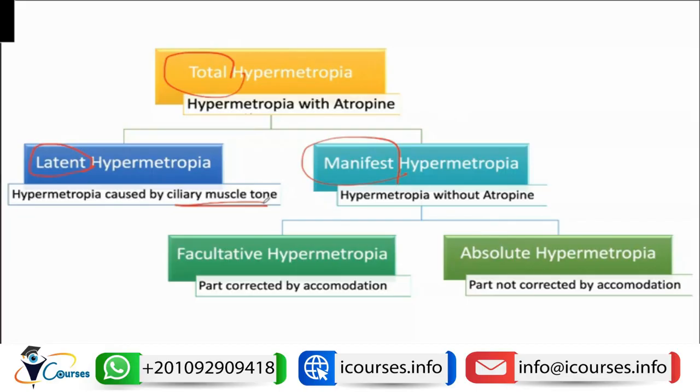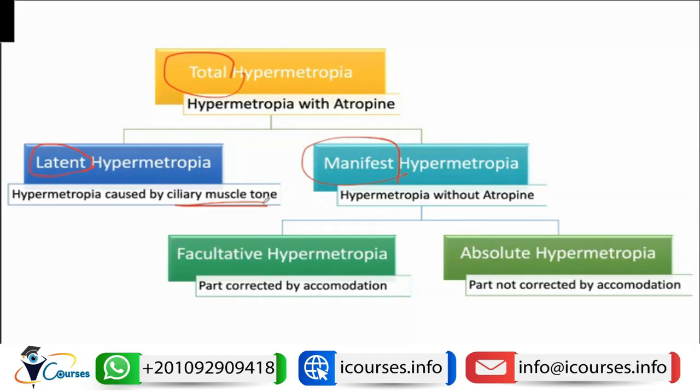The same thing applies to all muscles of the body, and also to the ciliary muscle. The ciliary muscle has a tone, and this tone is present at all states. It is about 1 to 1.5 diopters, and it can only be relaxed by the effect of a cycloplegic like atropine; it cannot be relaxed voluntarily.